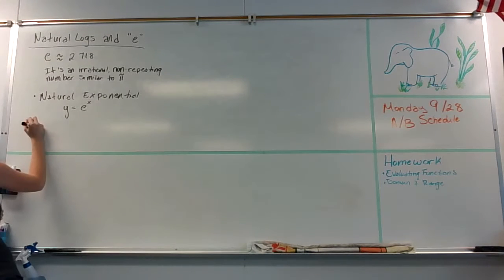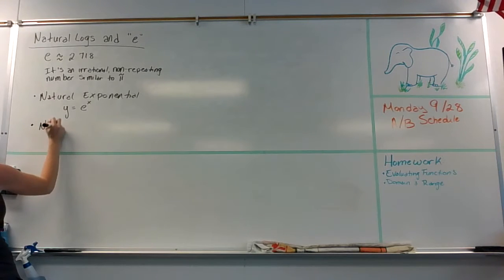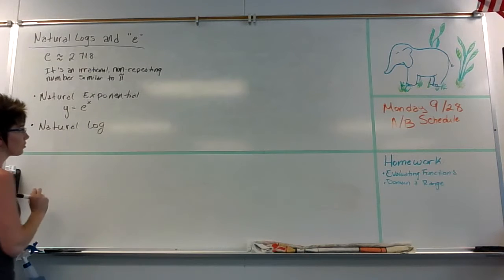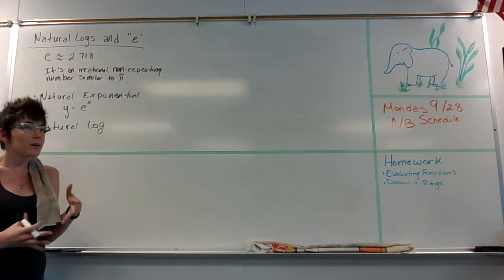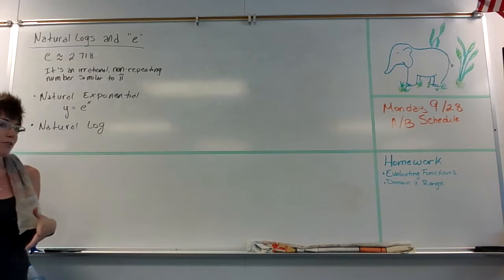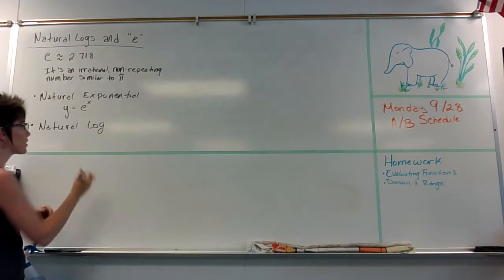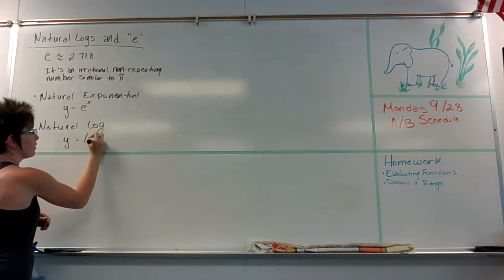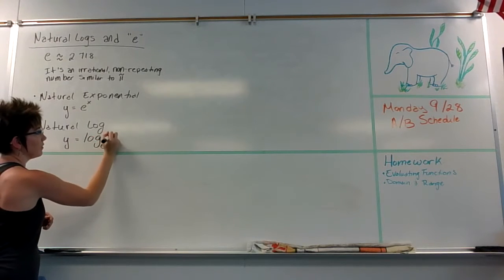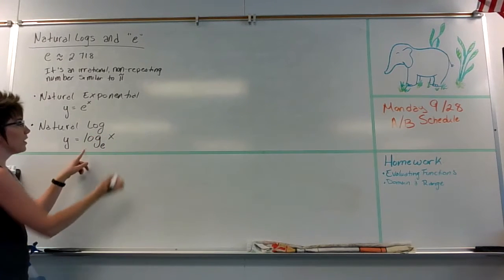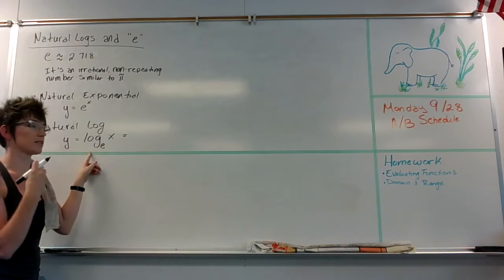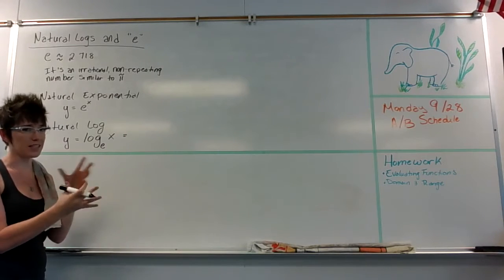Okay. From this, we get a definition of a natural logarithm, which you're going to use a lot today. A natural log, as you might have guessed already, is just a logarithm with a base of e. So it's defined as, if I were to say y is equal to log with the base of e of the number x, then we actually use a sleeker symbol.